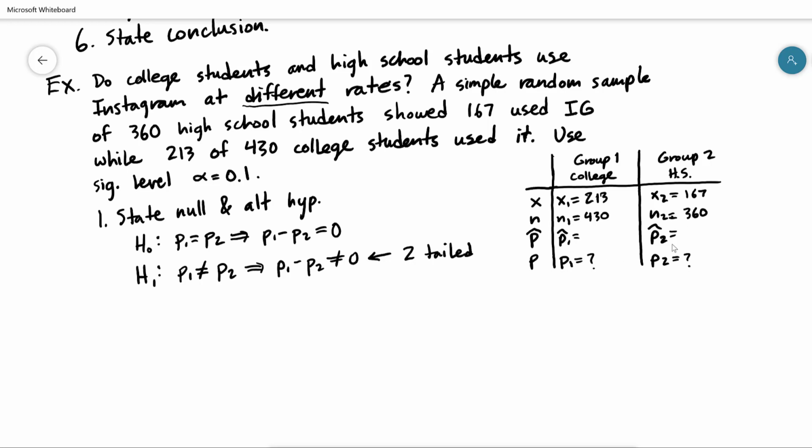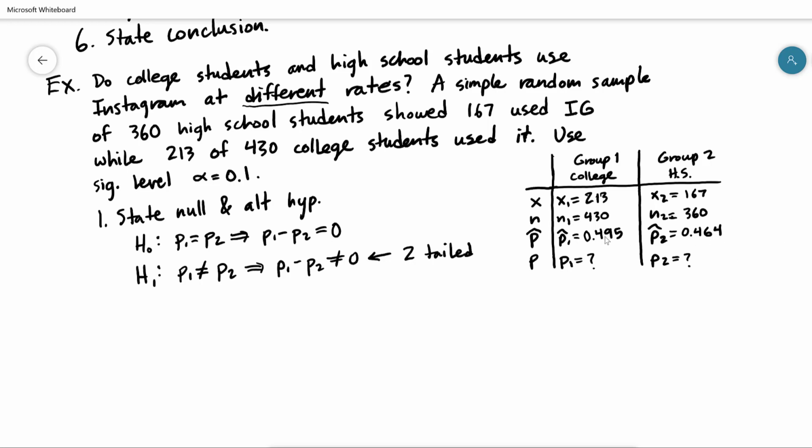And these two numbers I get by taking the proportion x over n. So I need to compute those numbers real quickly here. And when I do 213 out of 430, I get about 0.495 if I round it to 3 decimals. And when I do the high school students, let's see, 167 divided by 360, I get about 0.464.